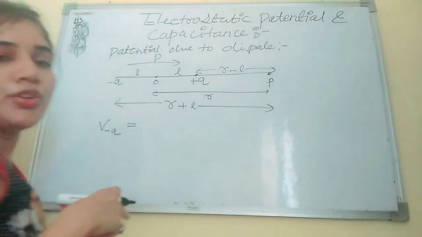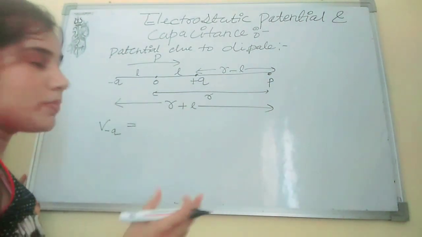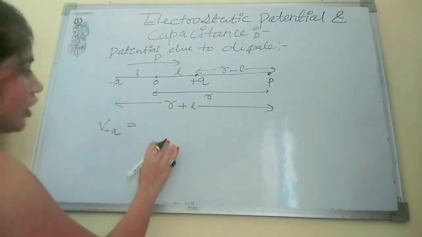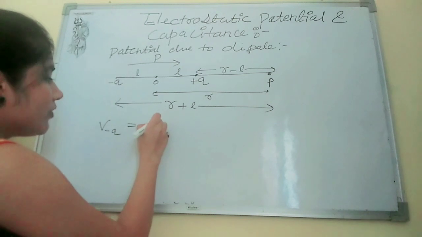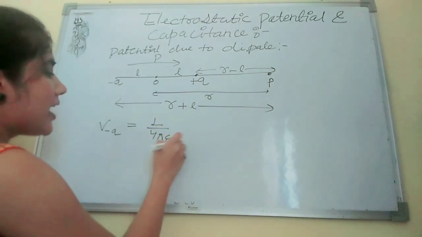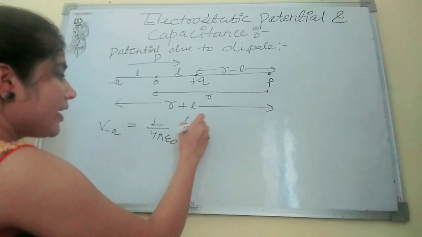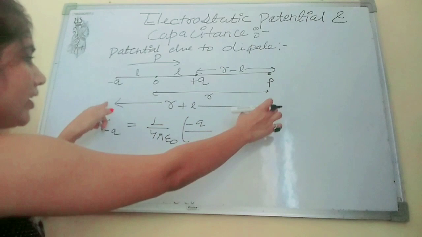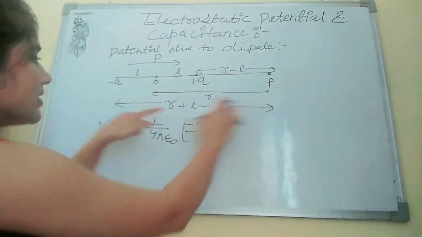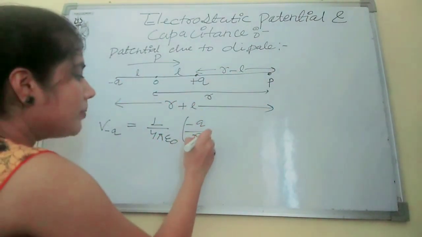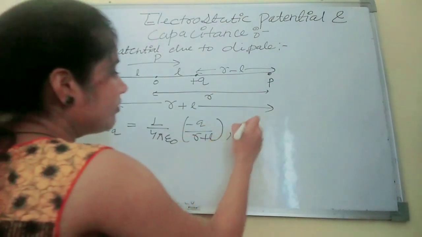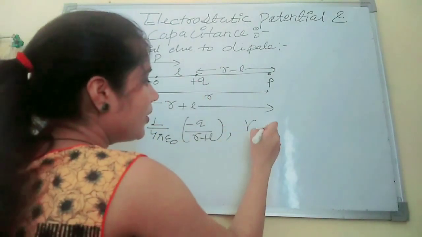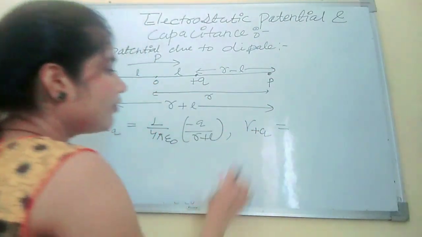In our previous video we have already derived the expression for V for any point charge. So the expression was 1 by 4 pi epsilon naught, and because of minus q we will put minus q upon the distance, and the distance between minus q and this point is r plus L. Now we will find the potential at this point because of plus q, V plus q.